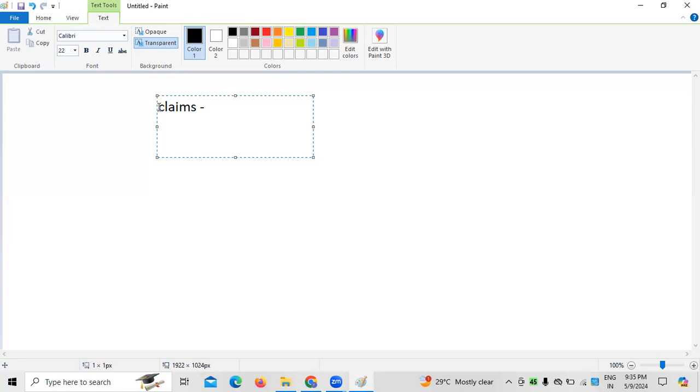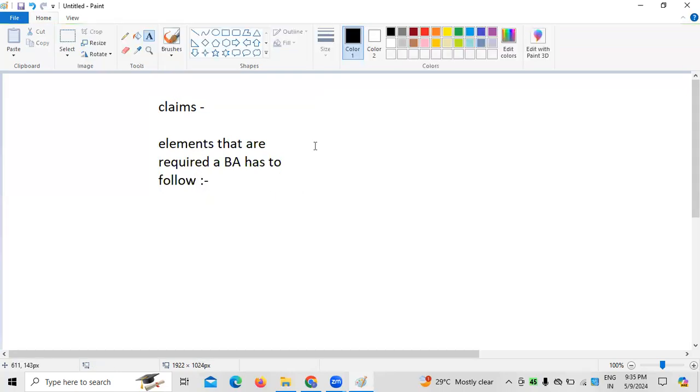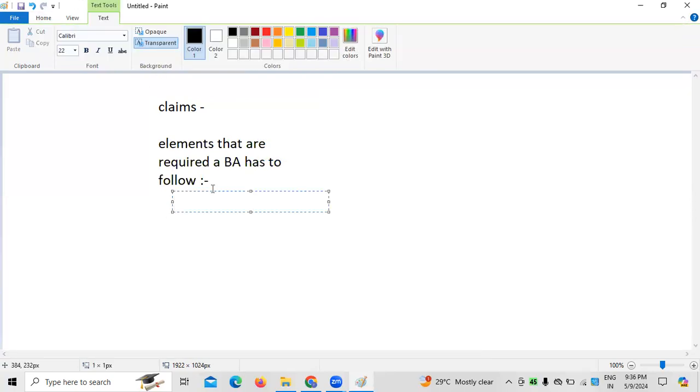So, elements that are required, a business analyst has to follow, right? So what are the basic requirements, basic elements which a business analyst has to follow is not something which we have to remember.